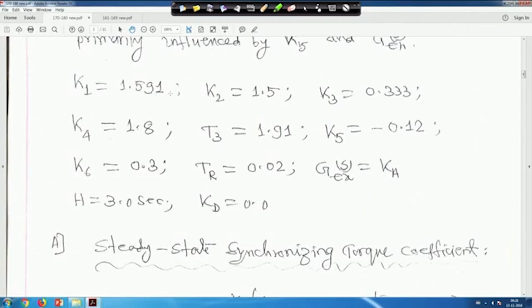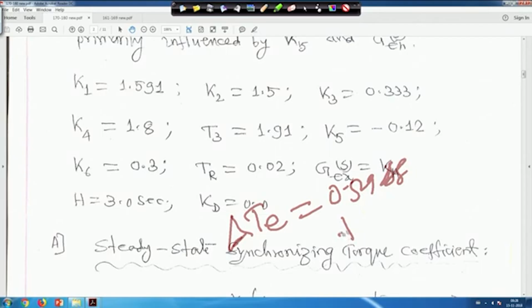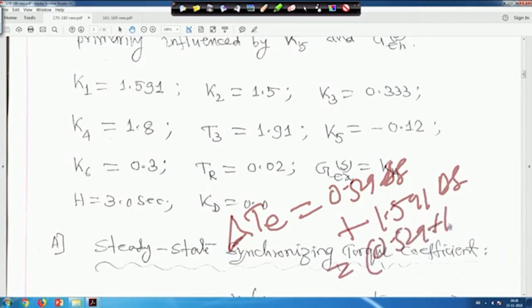That means I am writing here only, that delta Te is equal to 0.529 delta delta, this is due to delta psi fd, plus K1 is there, 1.591 delta delta. That means it is 0.529 plus 1.591 times delta delta, because K1 is given, right.